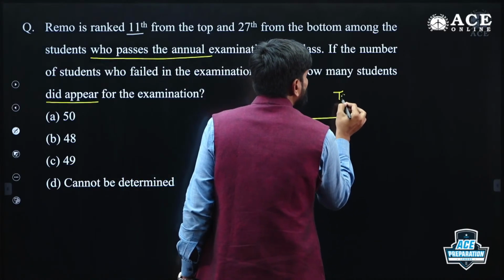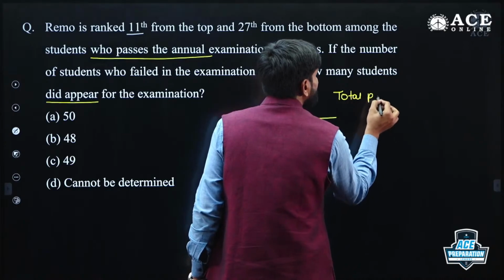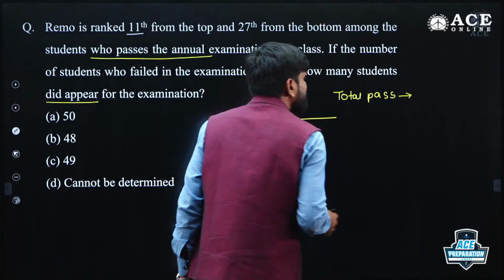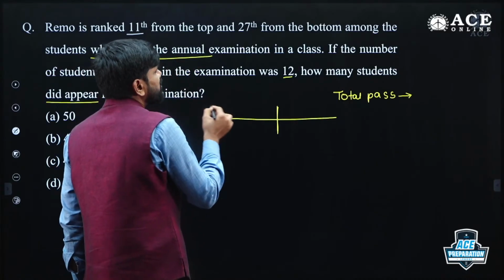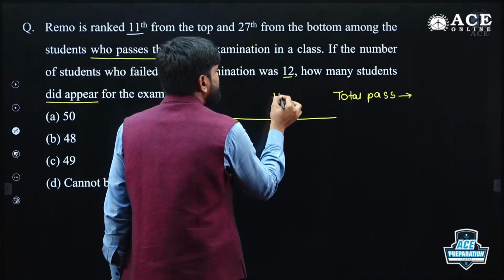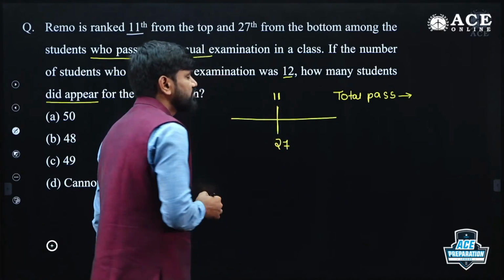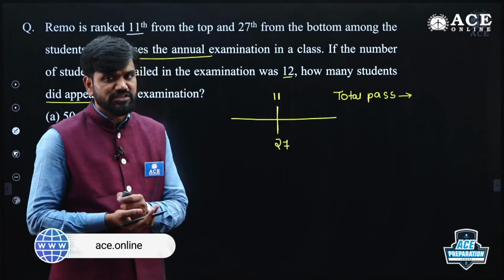So, whatever total I am going to get will represent the total passed candidates only. His rank is 11th from the top and 27th from the bottom among the candidates who passed the annual examination.